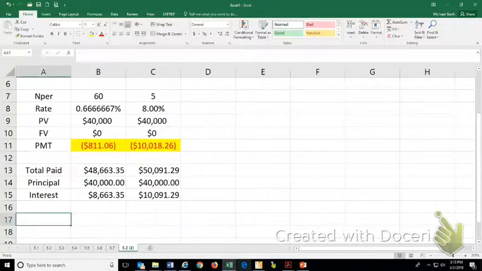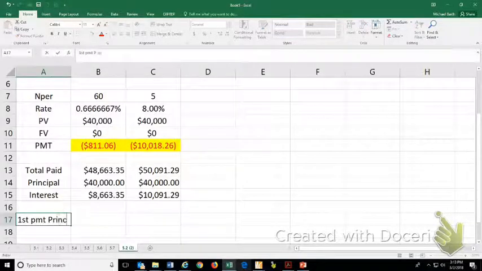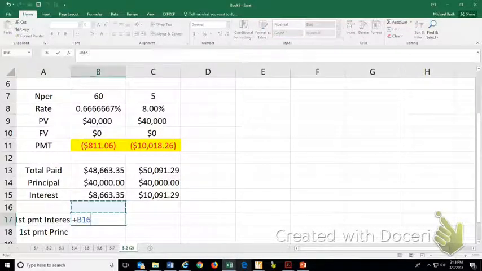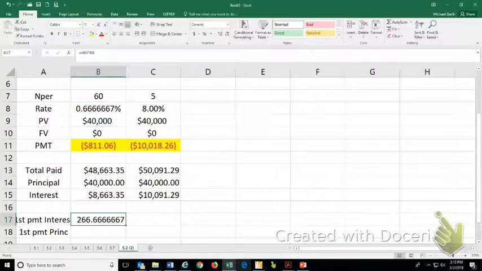It's because if you start making monthly payments, each of your payments is part interest and part principal. In fact, for the first payment, let's start with the interest. How much interest on the first one? You owe them $40,000. Your first payment, the interest will be $266.67.